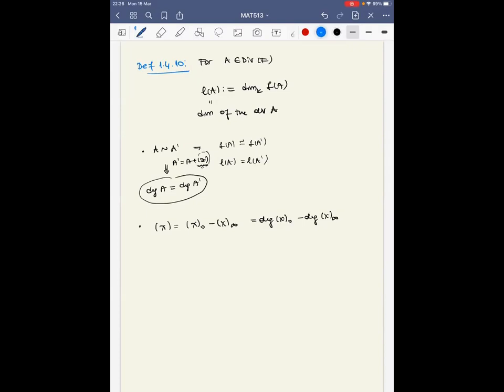Here, let me briefly recall the statement of Proposition 1.3.3. It basically says that the degree of the zero divisor is bounded above by the extension degree of the function field.